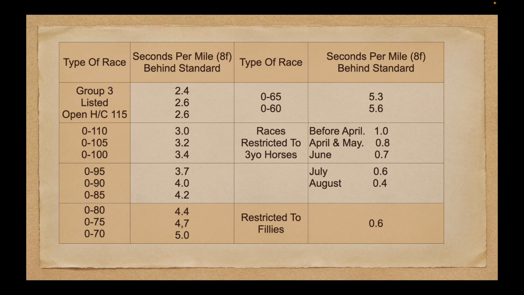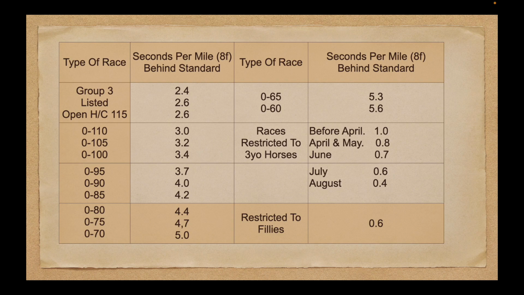There are other types of races, so those that are restricted to 3-year-olds. So the time of year affects the seconds per mile behind standard that they may run. So you add these on to the actual normal range. So a 0 to 100 would be expected to be running 3.4 seconds per mile slower.